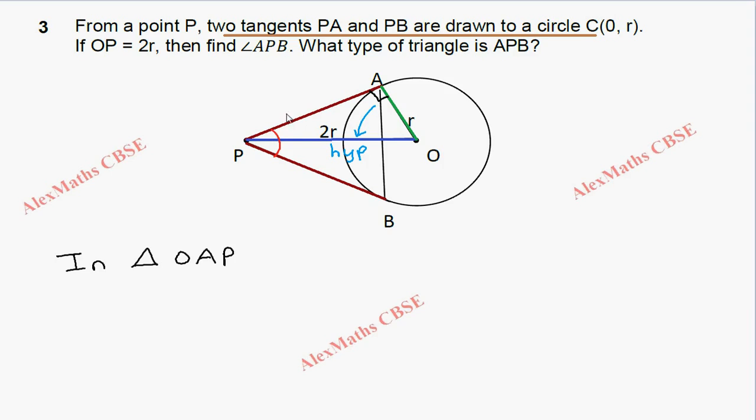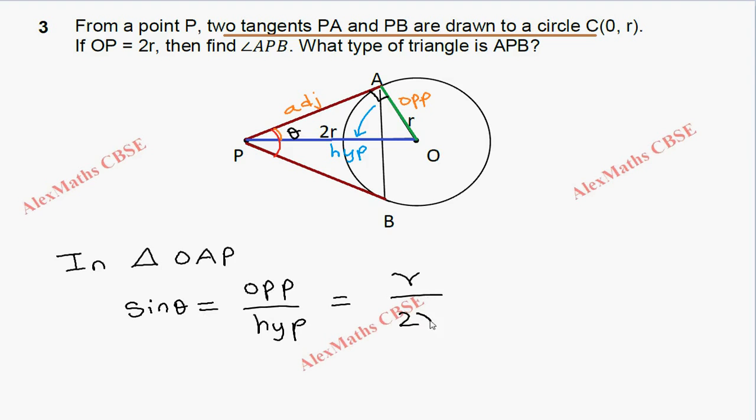So, if I take this angle, with respect to this angle, this is our opposite and this is our adjacent. So, in this triangle OAP, let's take this part alone theta. So, sin theta is opposite by hypotenuse, and opposite is r and hypotenuse is 2r. So, after cancelling r and r, we are left with 1 by 2. So, it means the value of theta is 30 degree.